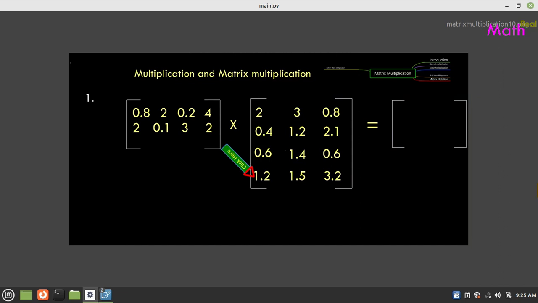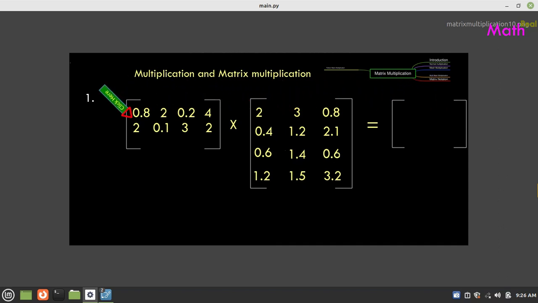This leads to the first element here. Now this row, having been multiplied by the first column, gets multiplied by the second column, and leads to the second element in the first row. Similarly, it gets multiplied by the third column and leads to the third element in the row. So the first row is complete.